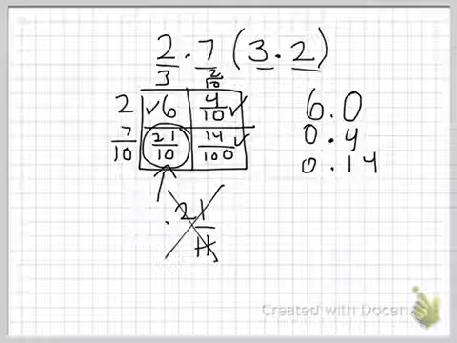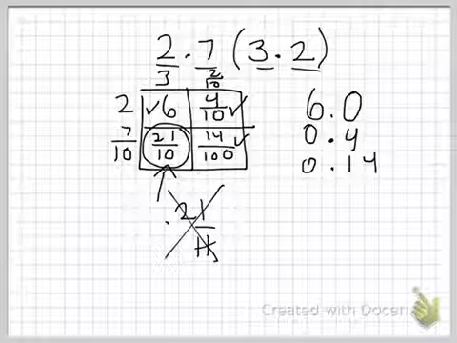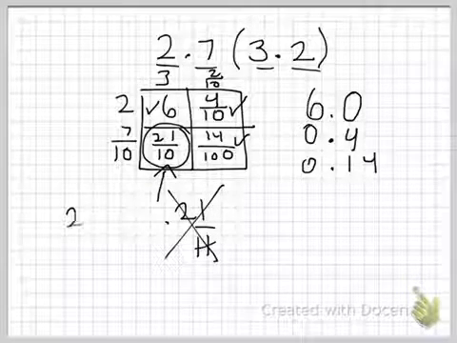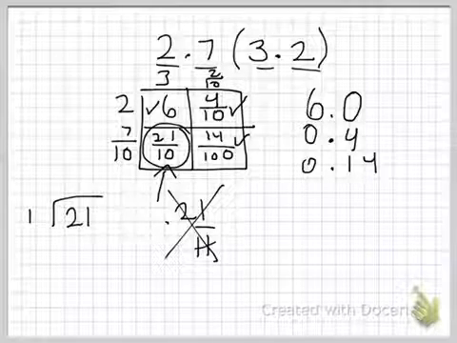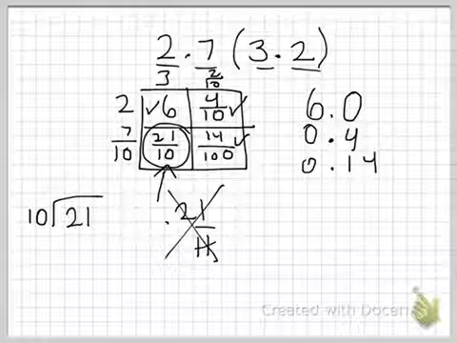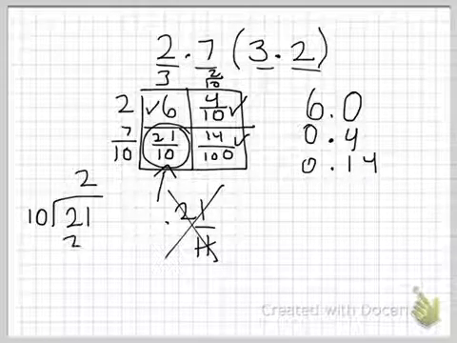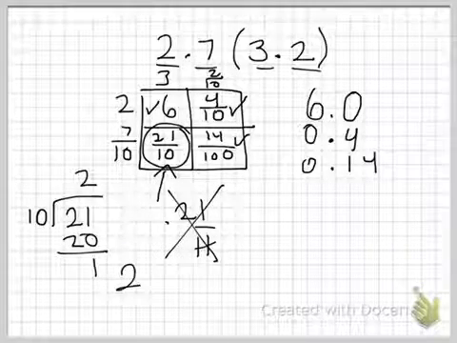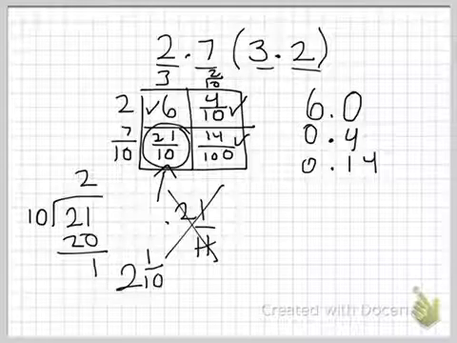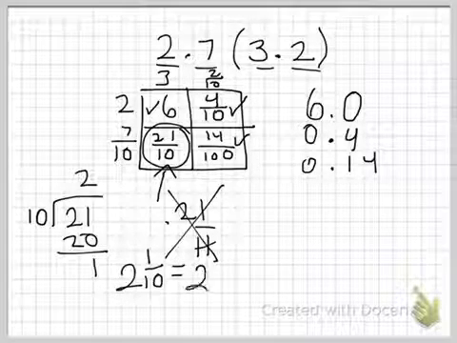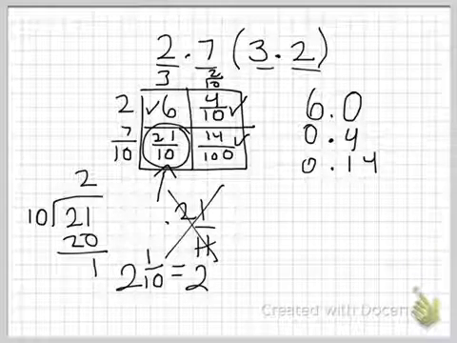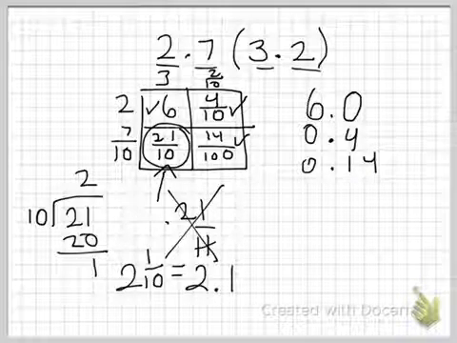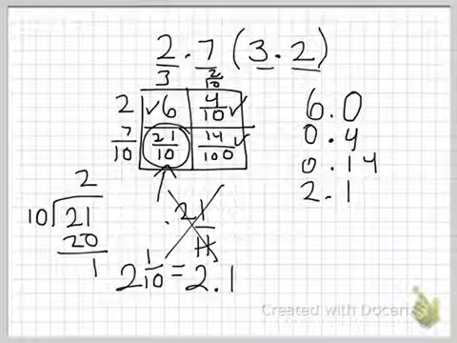What we have to do is turn it into a mixed number and then into a decimal. So we've been working with turning fractions greater than 1 into mixed numbers. We divide, we fit in twice, and there's 1 left over. So that would mean that our mixed number would be 2 and 1/10, and we know how to write that as a decimal. It's 2 and 1/10. So that's our final number to add in.